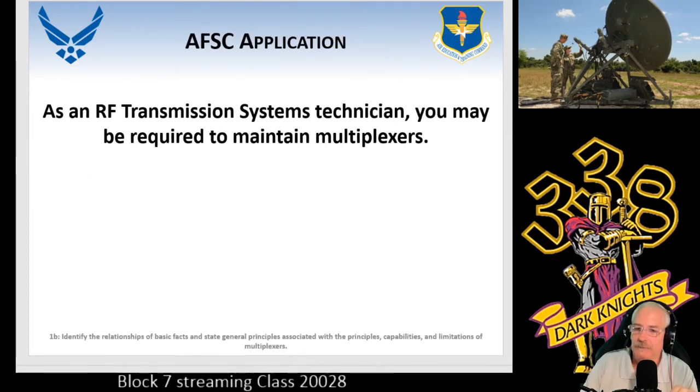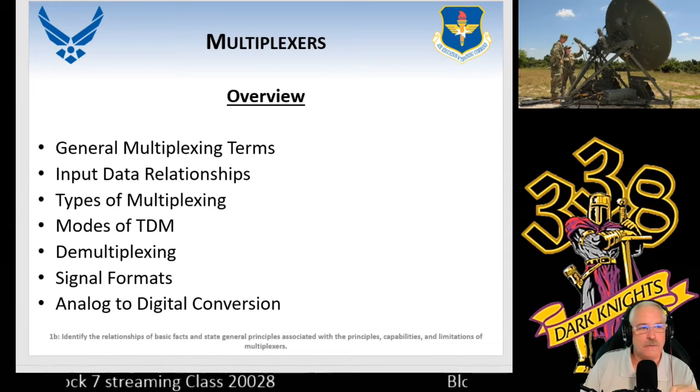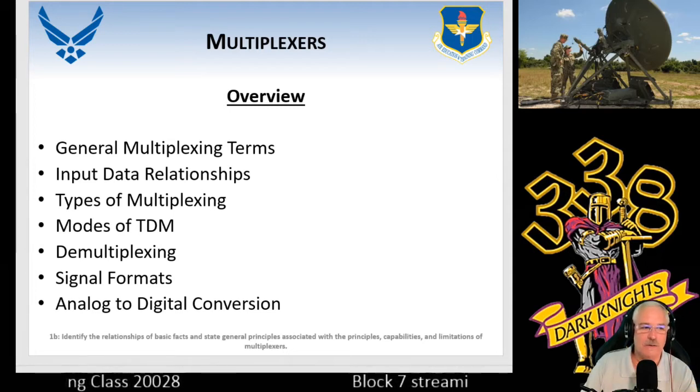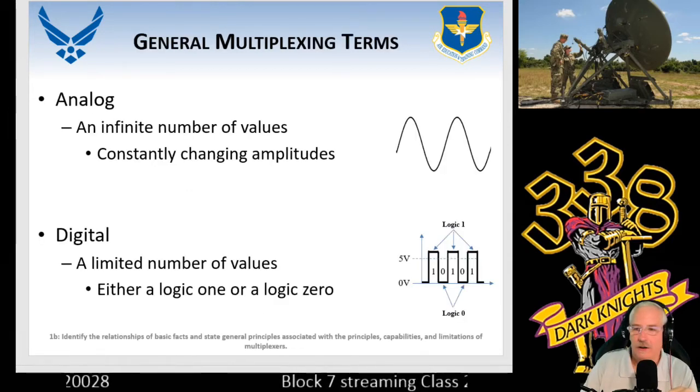You're going to be playing with a multiplexer called an NSM 50. We're going to look at general multiplexing terms, input data relationships, types of multiplexing, modes of TDM, demultiplexing, signaling formats, and analog to digital conversion. What a mouthful.